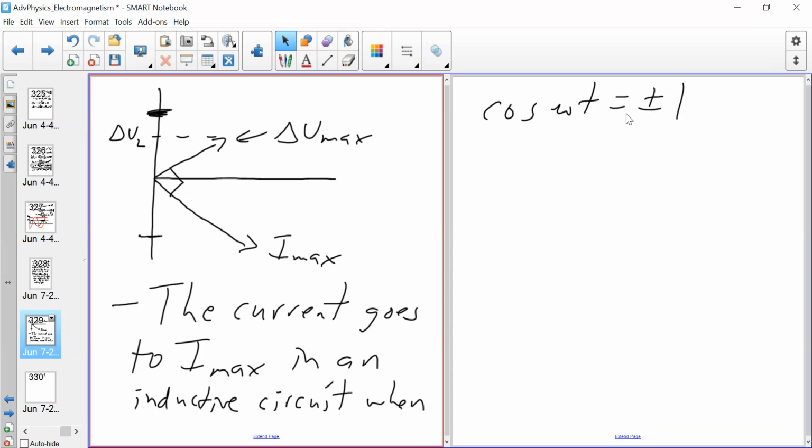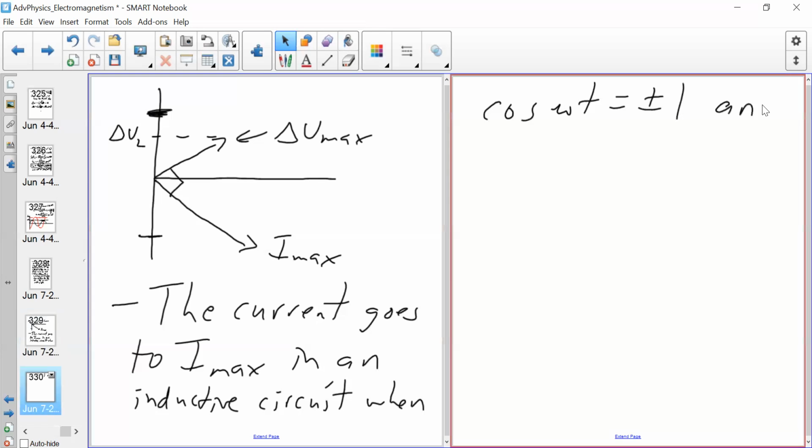So maximum current only at plus minus 1. So we can see that here.